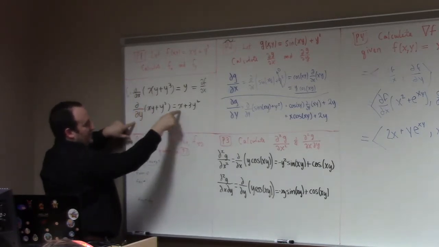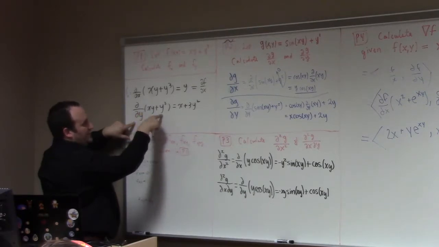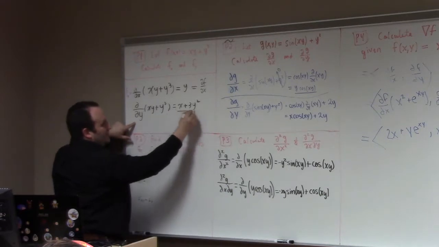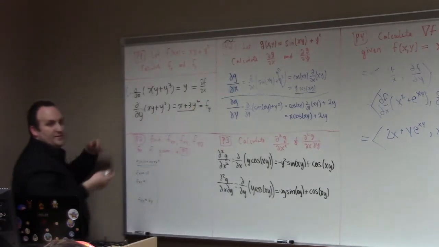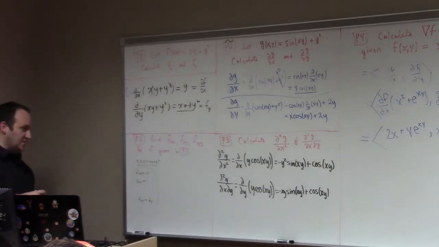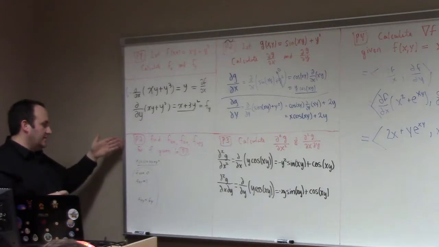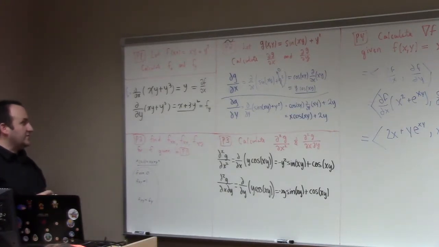Partial differentiates x, the y is gone. Y differentiates to 1. Y cubed differentiates to 3y squared. So indeed, I agree, we could use f sub y, or we could use partial f, partial y. It's good. Now, down here, fxx, fxy, fyy, these are notations for second partial derivatives.